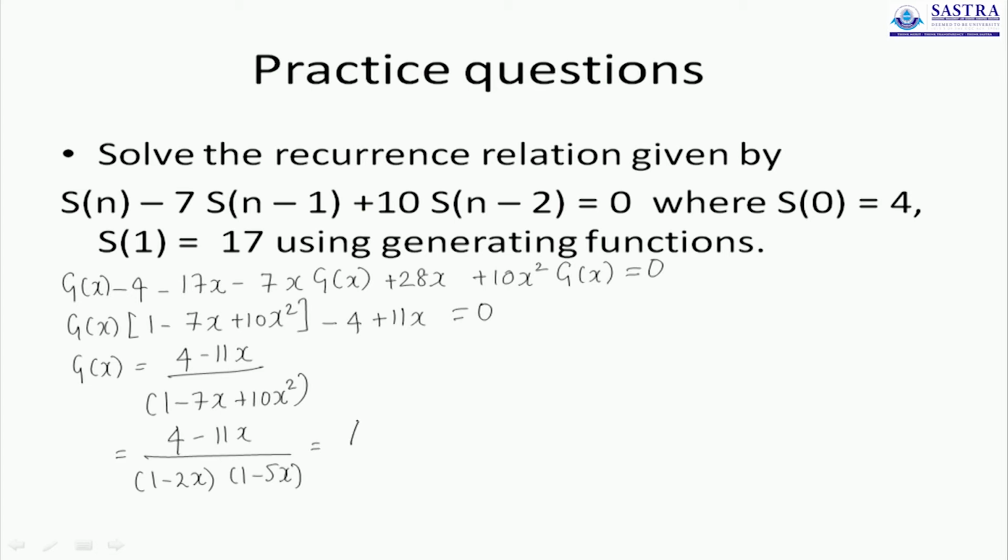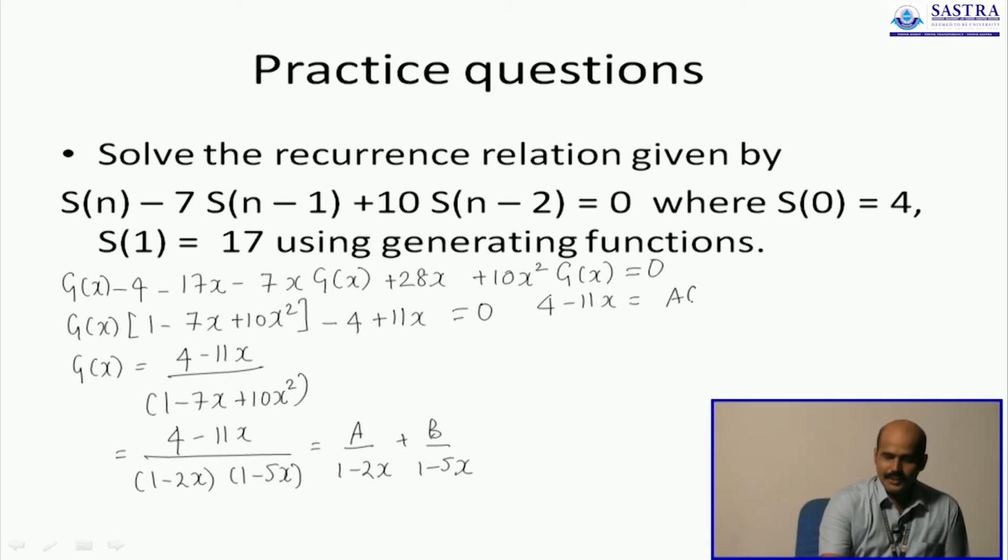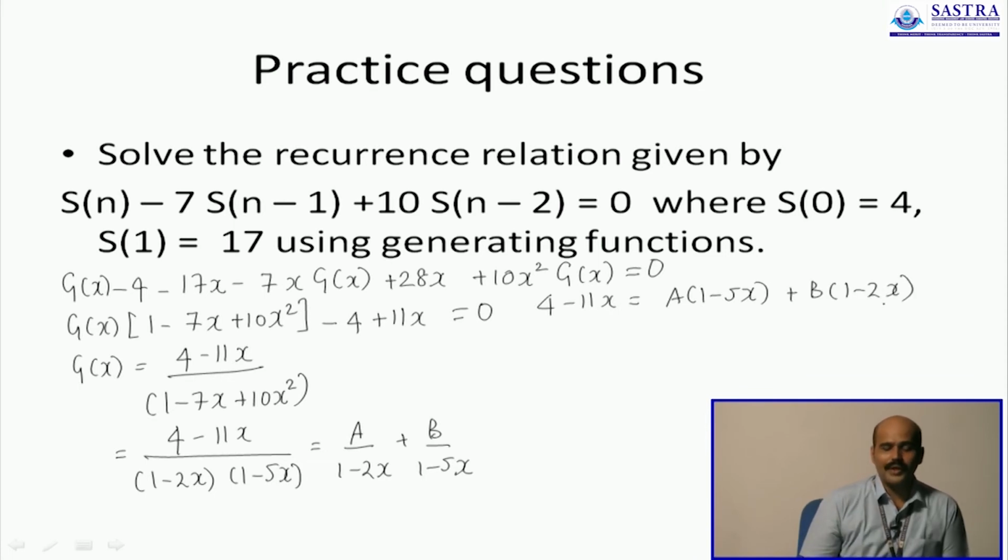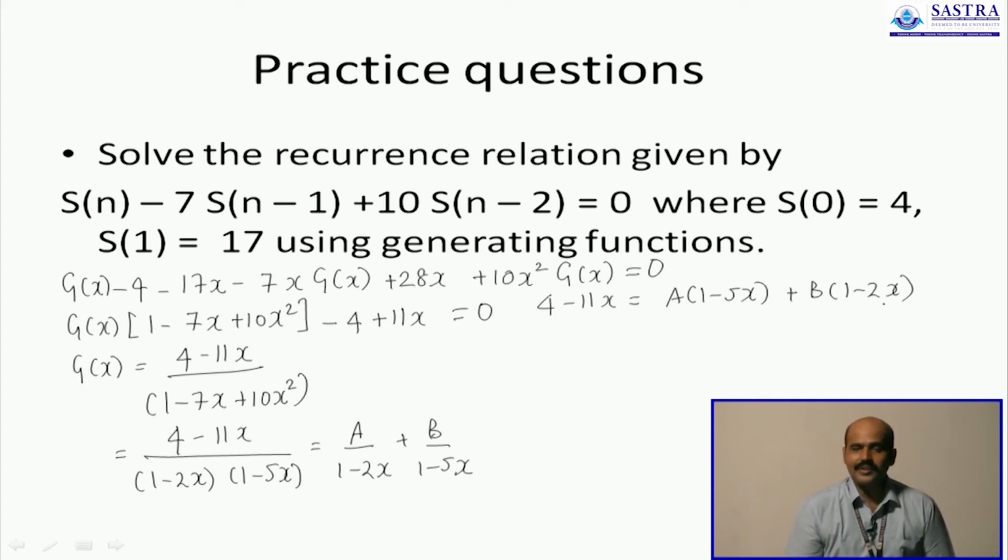So when you rewrite it as a upon 1 minus 2x and b upon 1 minus 5x, we can start solving for a and b. So you will have to compare 4 minus 11x with the LCM of these two fractions, a times 1 minus 5x plus b times 1 minus 2x, and that will give us the required answer.